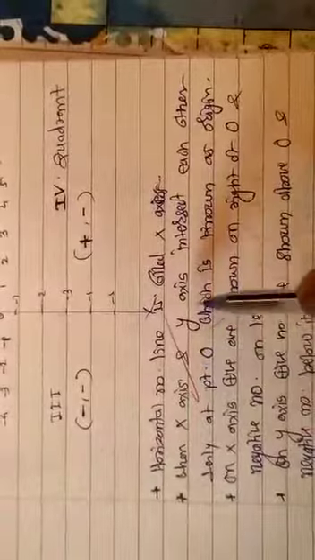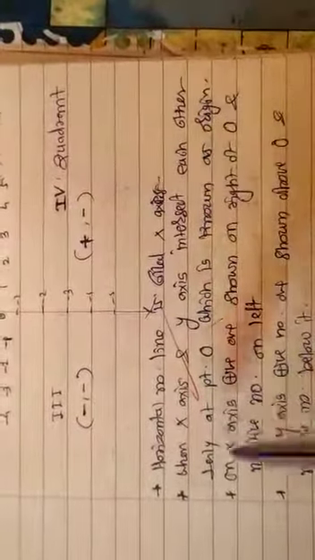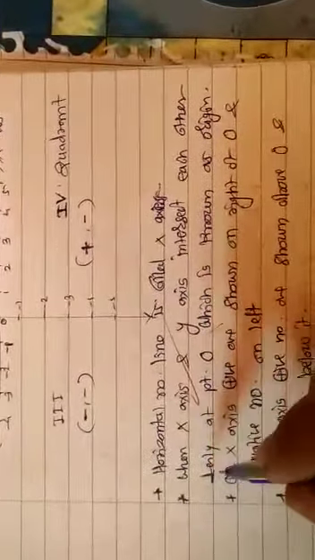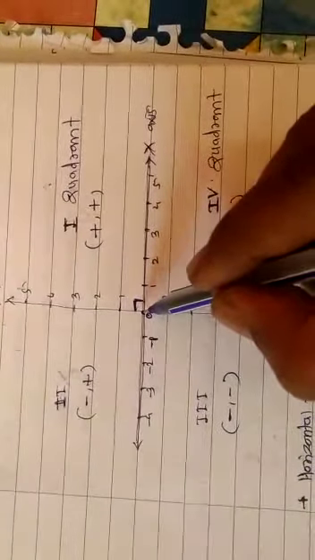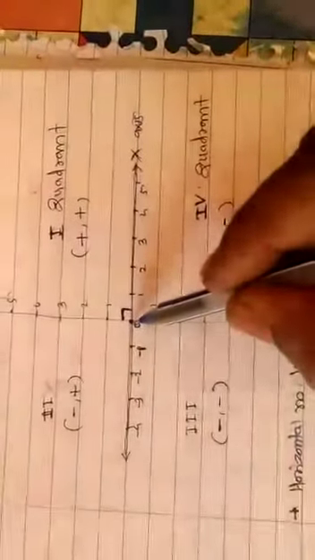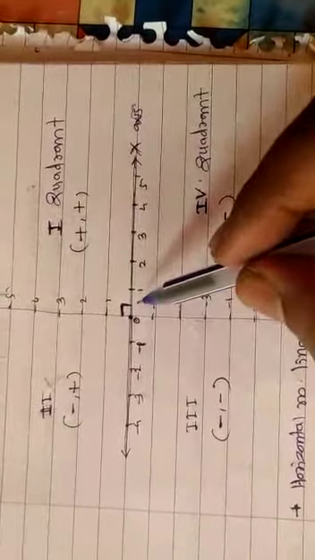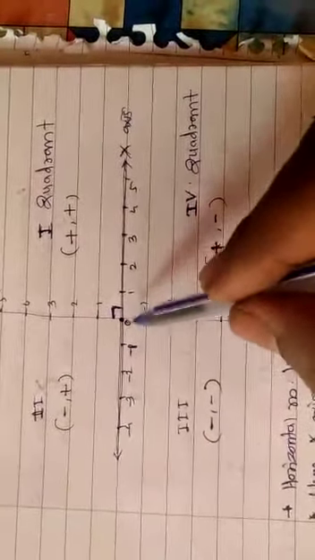When the x-axis and y-axis intersect each other perpendicularly at point O, it is known as the origin. The coordinate of this origin is 0, 0: 0 on the x-axis, 0 on the y-axis.